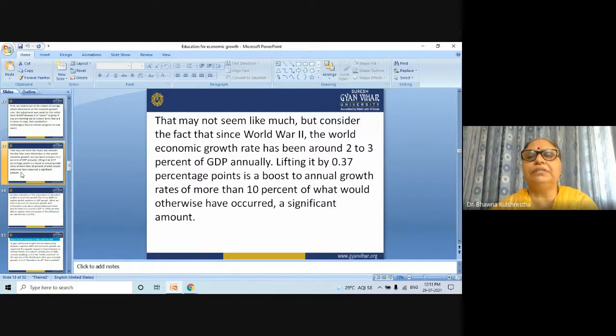The impact of improved cognitive skills, as measured by the performance of students on math and science tests, is considerably larger.